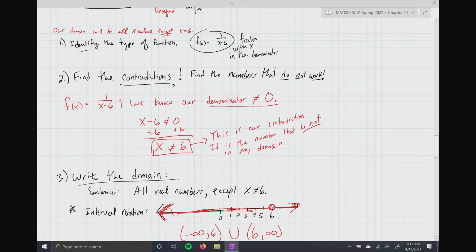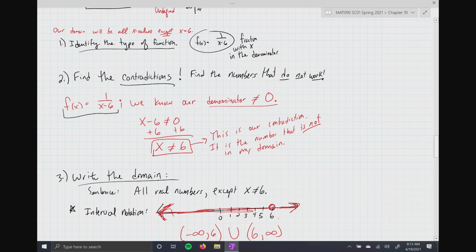Identify the type of function. That's your first step. Your second step is to find all the contradictions. In other words, find the numbers that we know will not work inside of the function. For this specific example, we had f of x equals 1 divided by x minus 6. That is a rational expression, no matter which way you look at it.